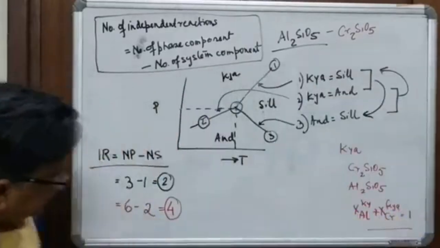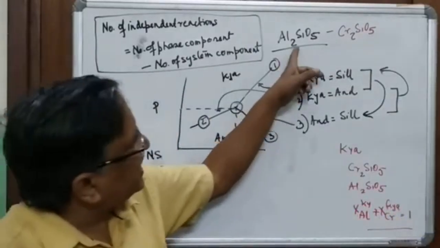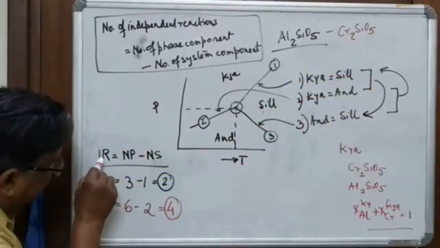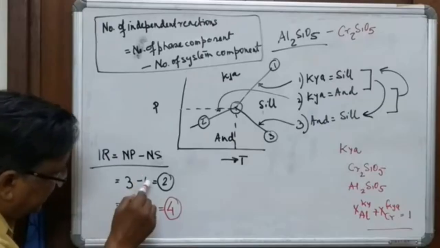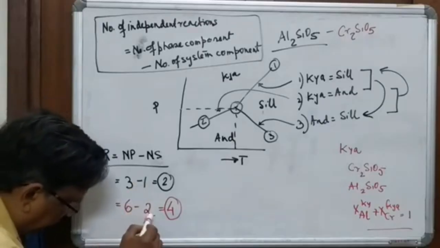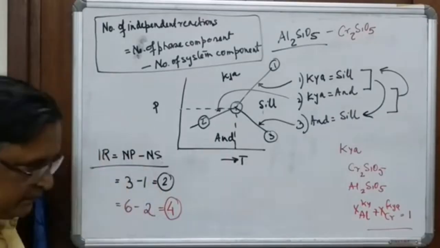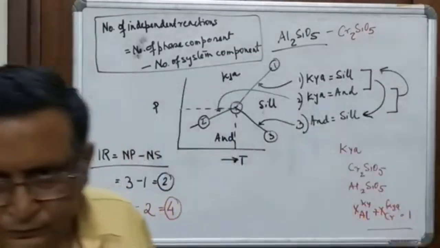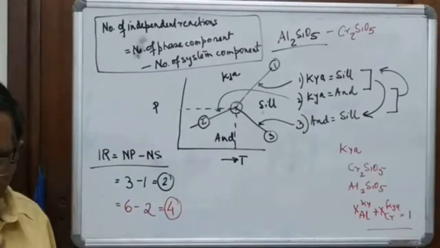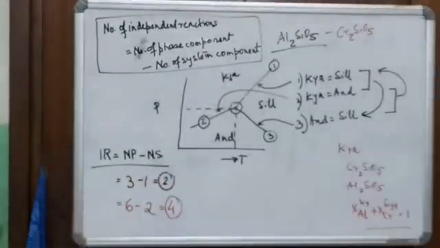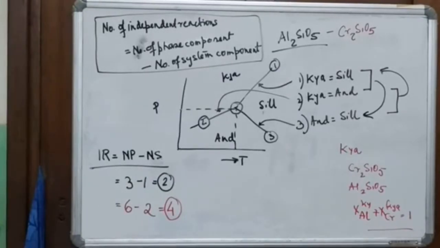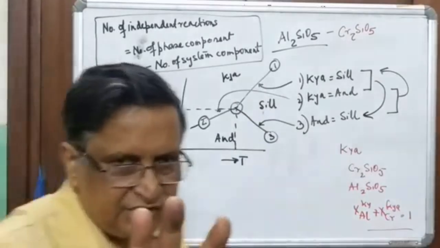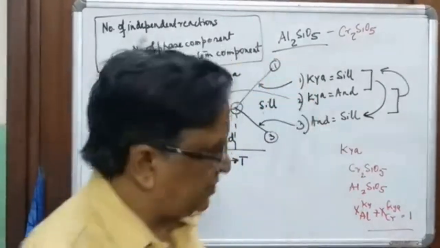So in this system, which is Al2SiO5, Cr2SiO5, independent reactions are 6 phase components minus 2 system components is equal to 4. 4 reactions are available. There are 4 independent reactions you can write.